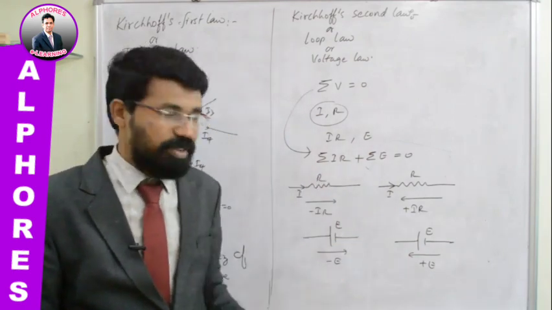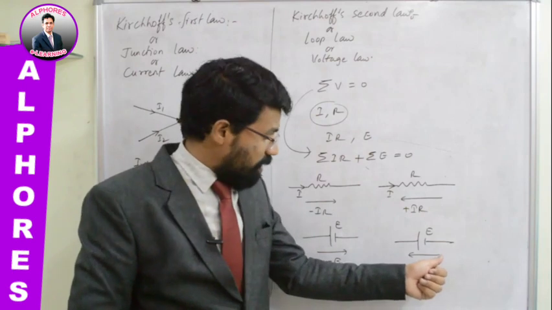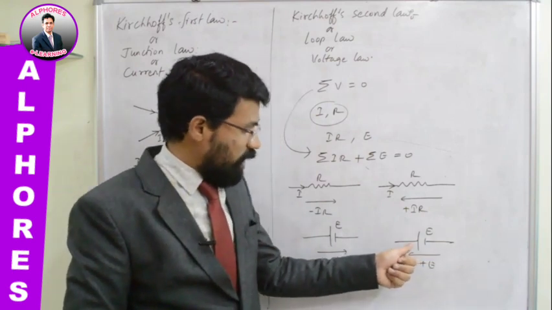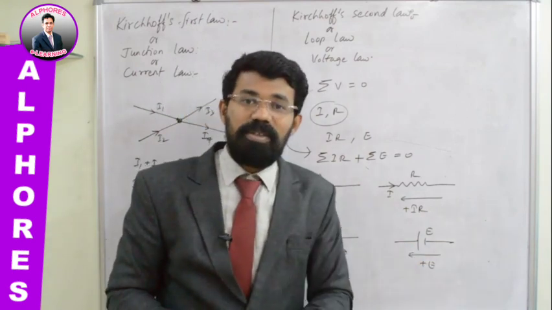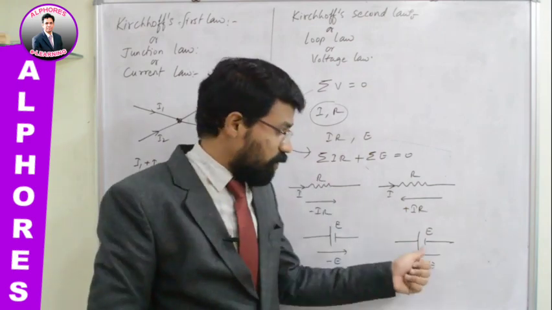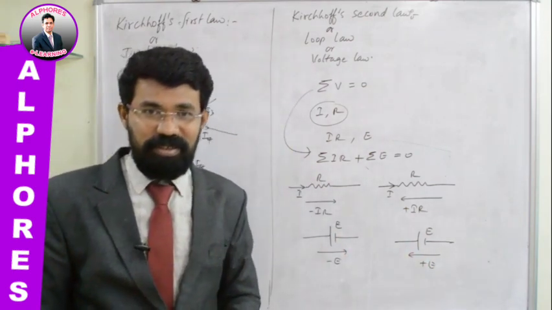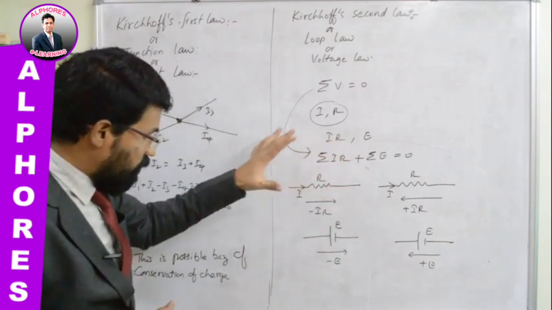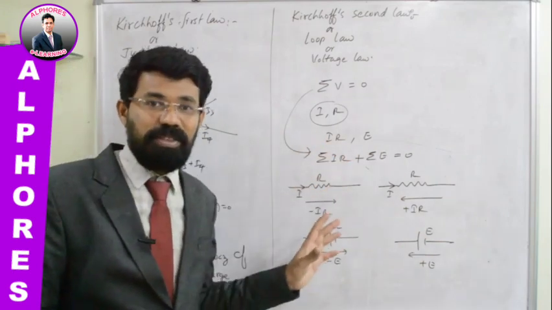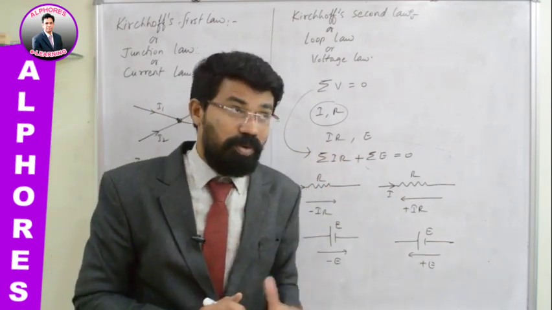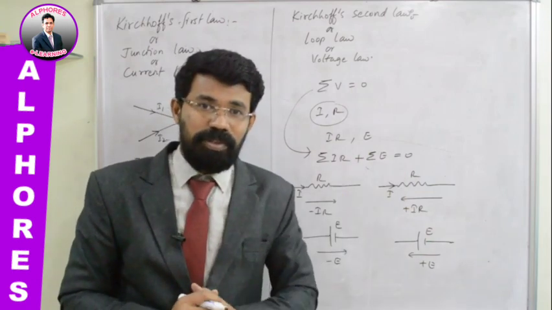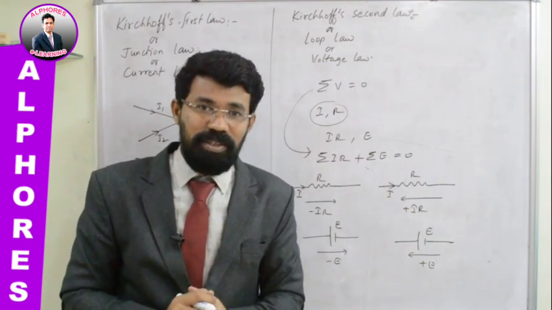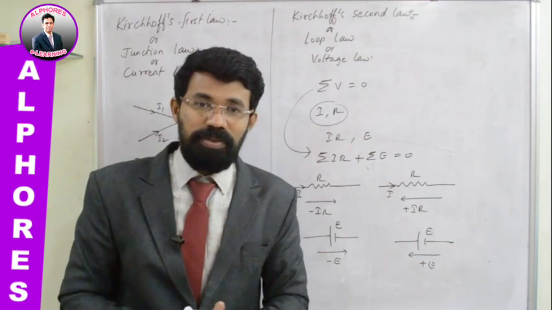I will tell you that also. Remember, if you are traveling from low potential to high potential, EMF will be taken as plus E, because low to high is the increasing potential direction. That's how you can understand. If you don't have clarity about these sign conventions, it is going to be tough to apply Kirchhoff's second law, especially on the circuits you see in the questions.